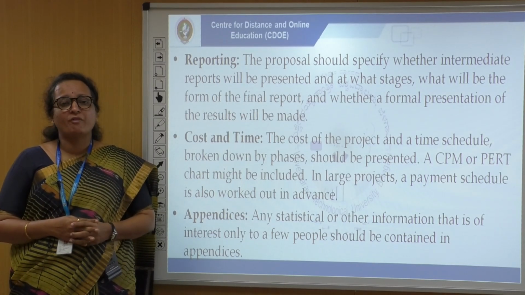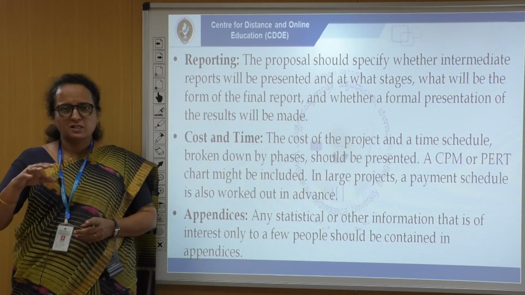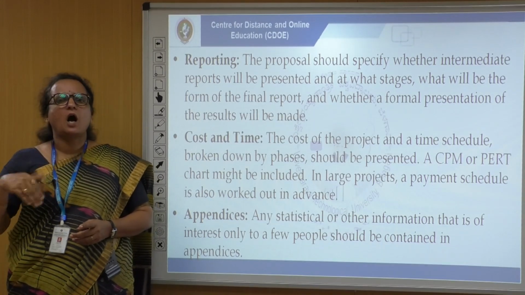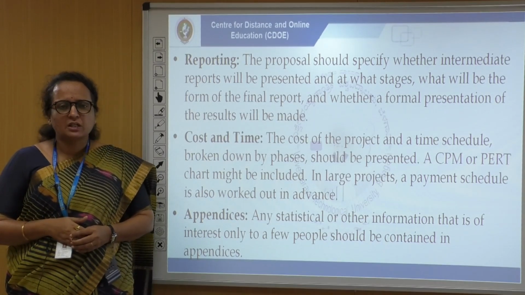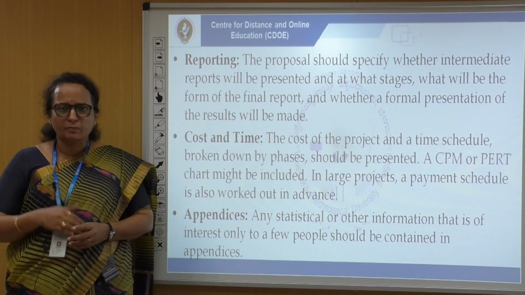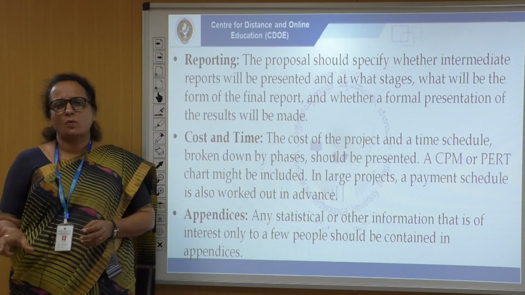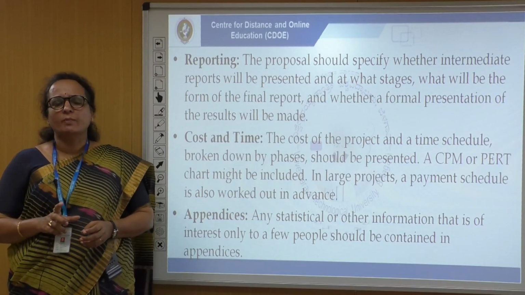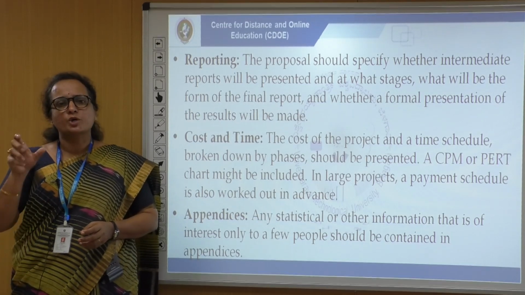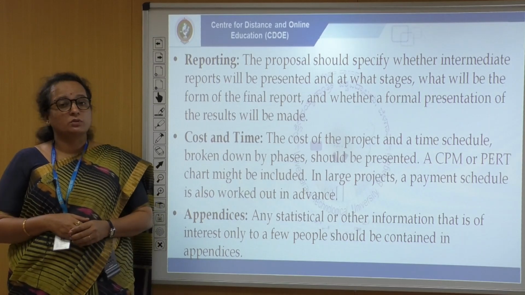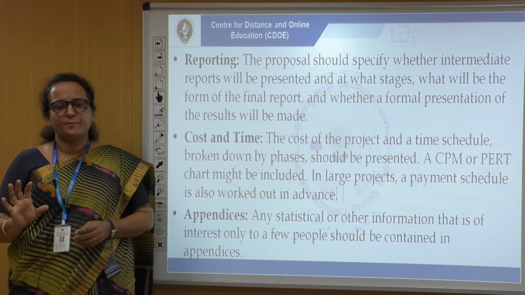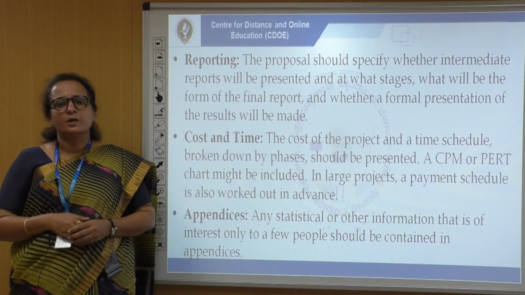What will be the form of the final report. So at last, once the project completes, how will be the final reporting, whether the management wants it to be verbally presented, which is called oral reporting, or else in a written format. If it is a written format, what should be the format of the report, that will be very clearly specified. This is all about reporting.